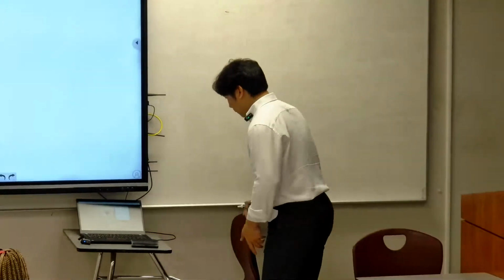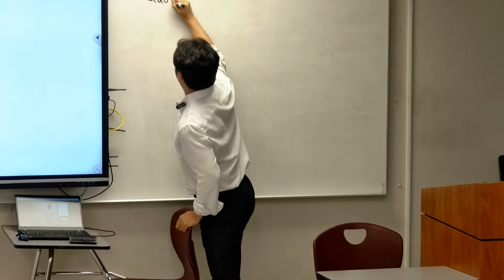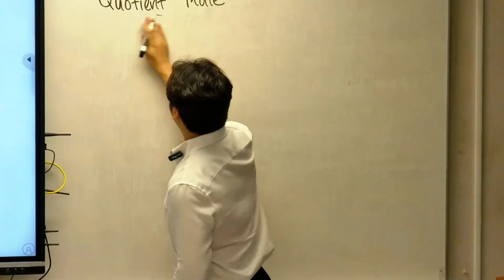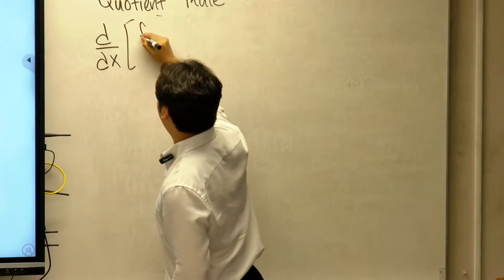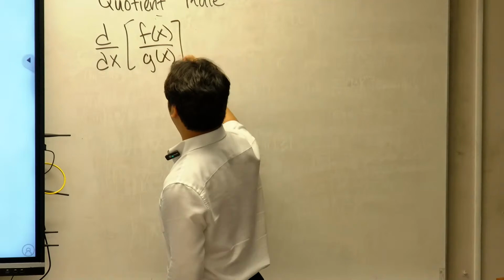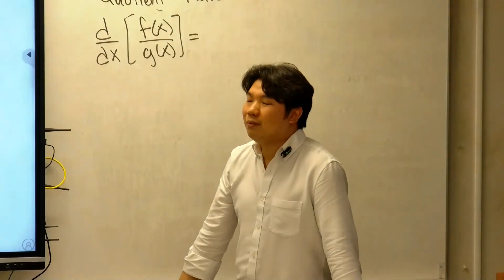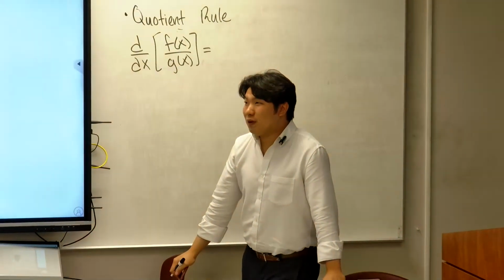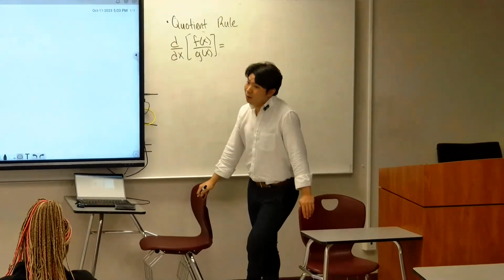Quotient rule. Move this over. So quotient. I don't know if the camera's going to be able to go up this high, but we have the quotient rule. While I'm writing this, someone tell me what is the quotient rule. You can use the phrase in terms of the lows and the highs. Yes. So we like to remember the quotient rule is low d high minus high d low all over low squared.